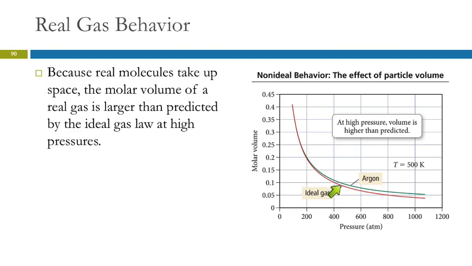But as we continue to increase the pressure, we see that the molar volume of argon is larger than that predicted by the ideal gas law. That's because as those gas particles are getting closer and closer together, it's like, hey, I'm a big guy here, I'm taking up some space, and so the gas itself as a whole will take up more volume. Does that make sense? So at high pressures when things get squished together.